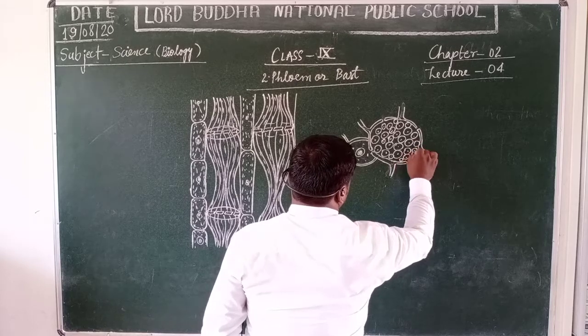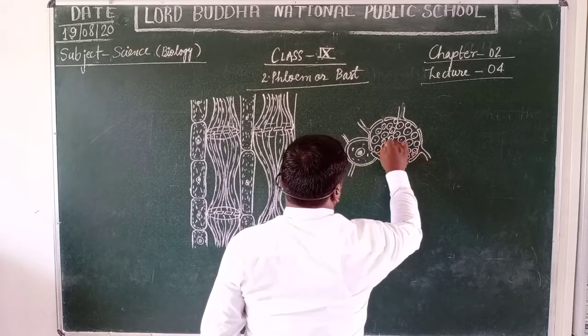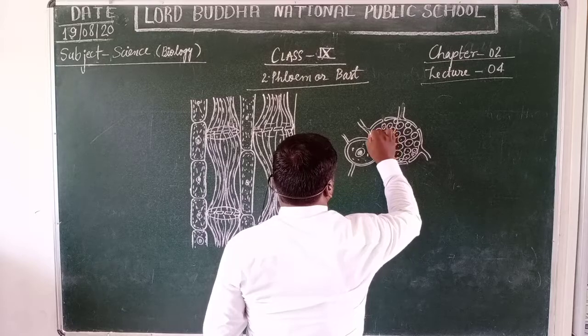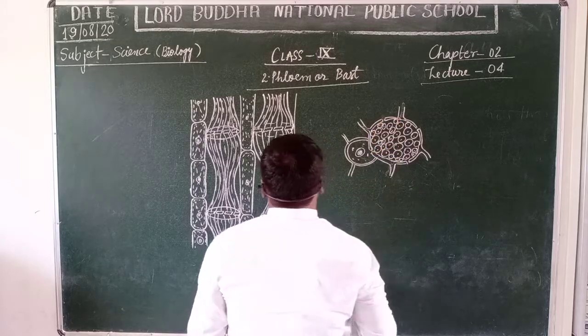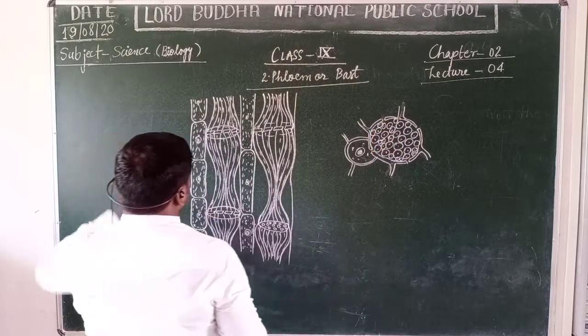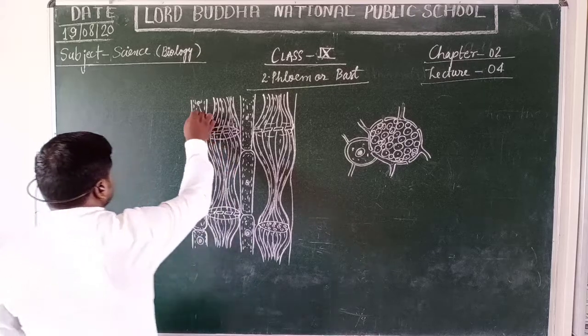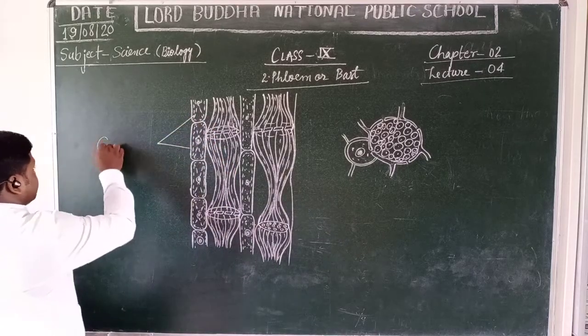These sieve tubes are hollow structures and have a narrow passage for the translocation of food from one place to another. These are the companion cells.